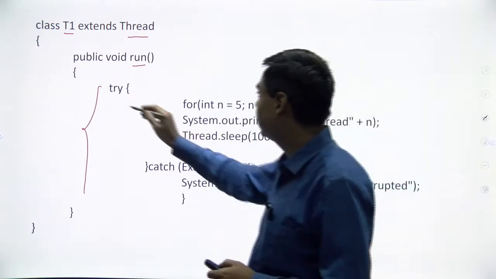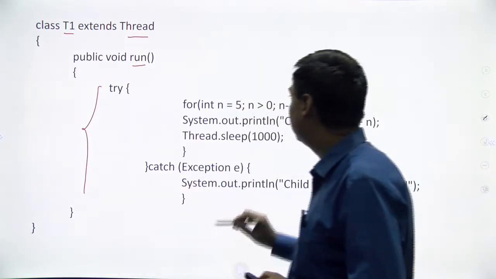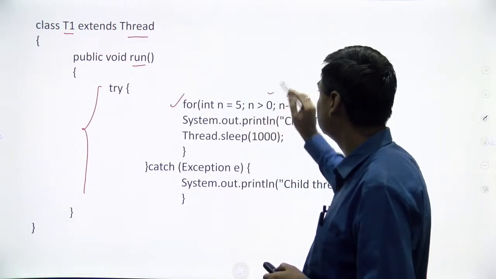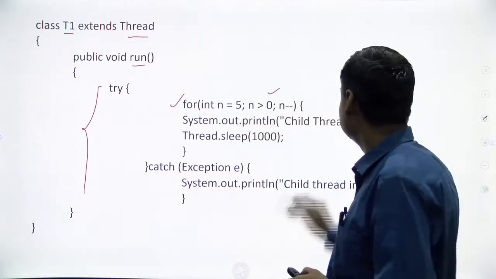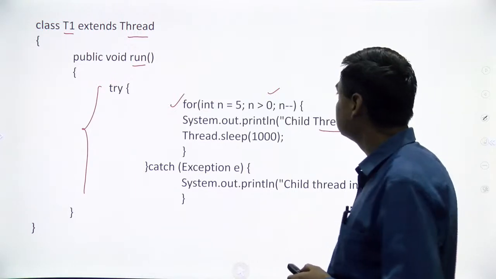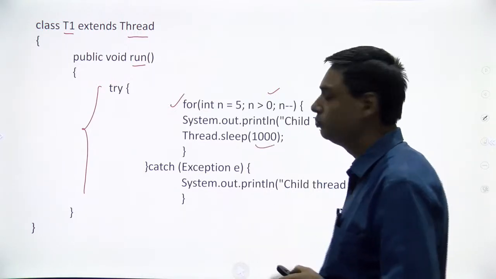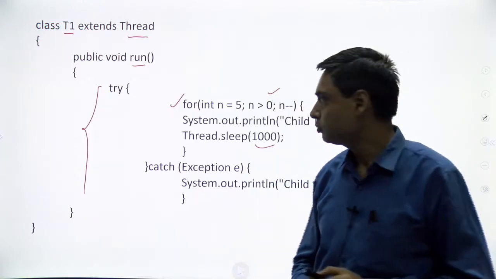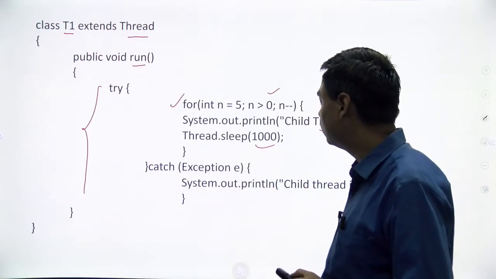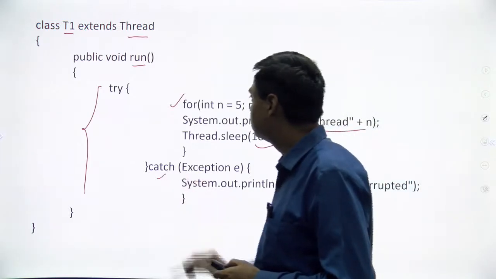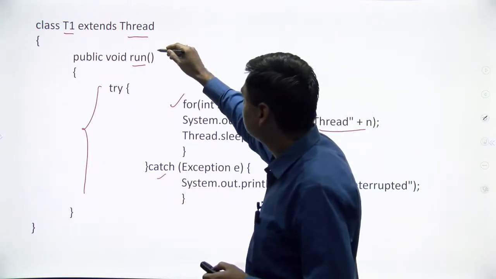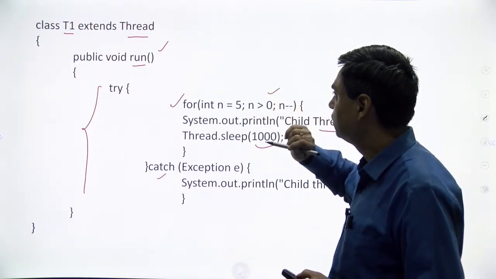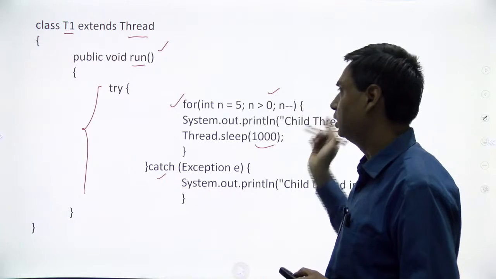So we have a try catch block and a for loop to display, n equal to 5, n greater than 0, displaying the child thread n. Then we are using Thread.sleep 1000 milliseconds to observe the output. If there is any error in this code, it will be caught. So the run method is used to put the code that you want to run simultaneously with the other code.